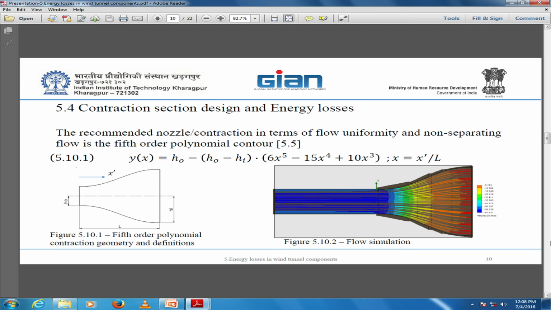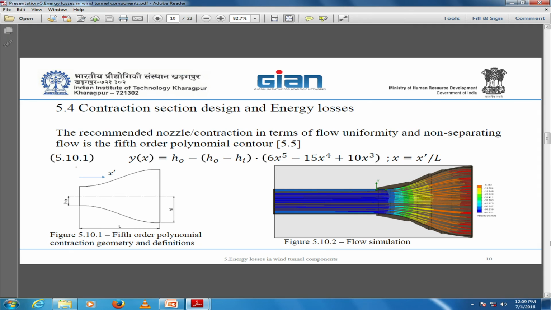On the contrary, we have the friction factor. A friction factor, you have to take into account your surface quality. So it comes only when you are turbulent. You don't expect the laminar flow.